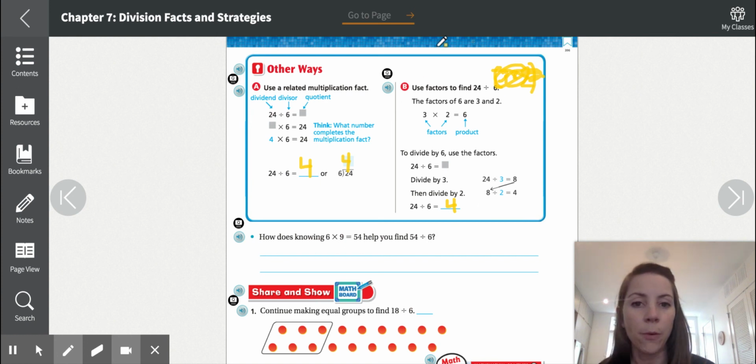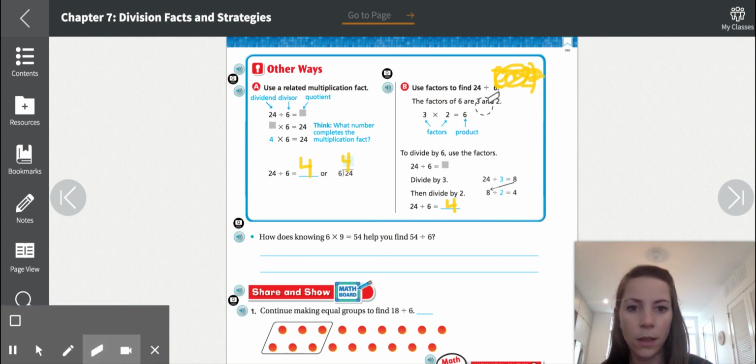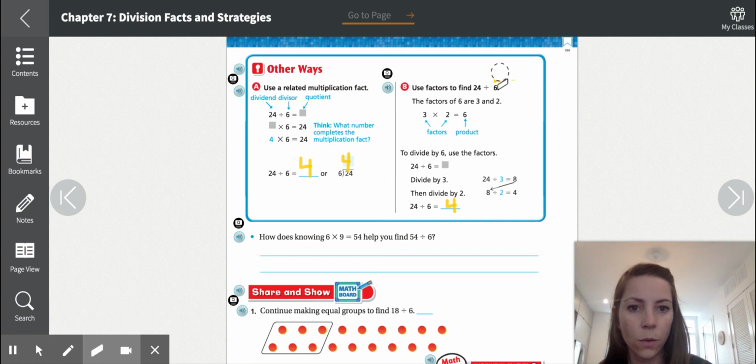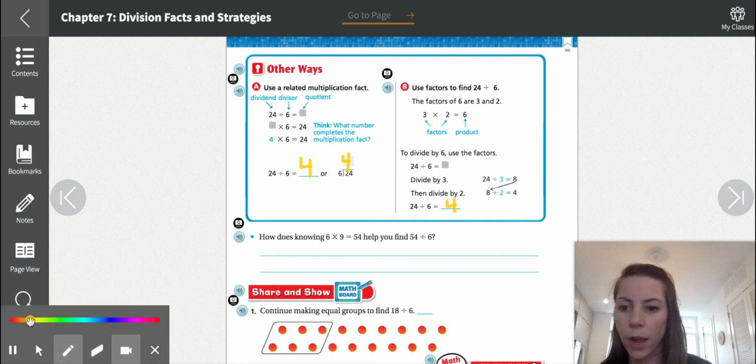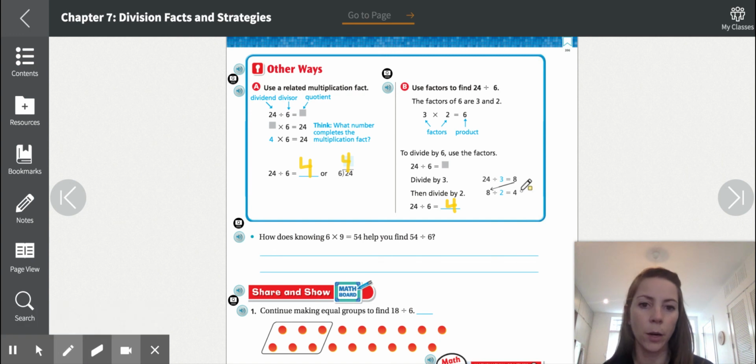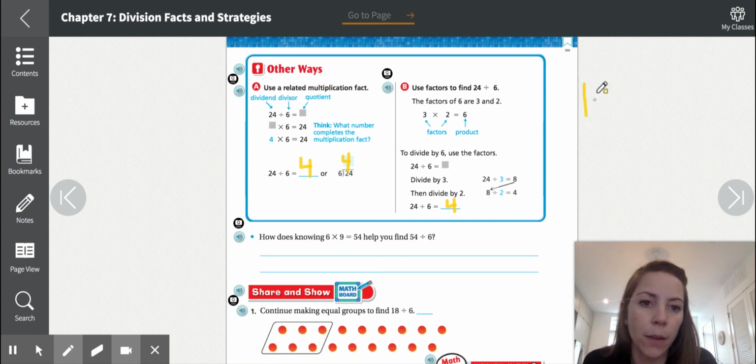Okay, I want us to try one of these up here for this option B, one more of these, because I think a lot of you watching these videos might like this strategy. So let me give you another one to try on the side or maybe down here. How about 18 divided by 6?